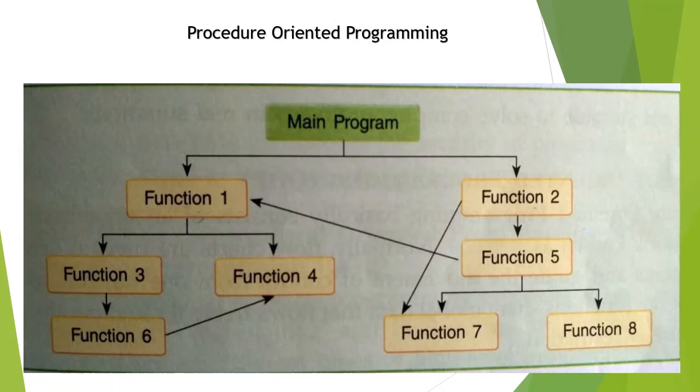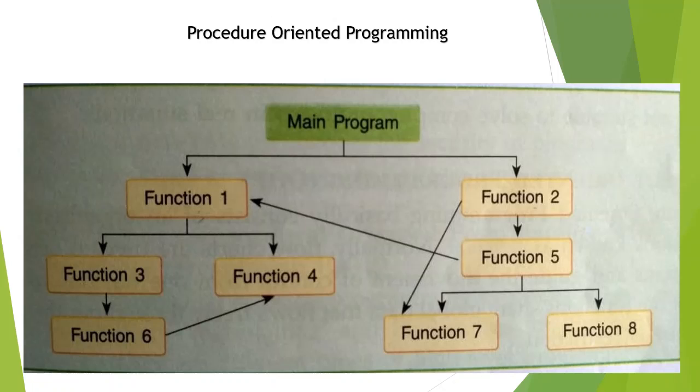But here the data is global data. Global data means it is data which is shared by all the functions. It moves freely from one function to another. So there is no security in that data. Data is not secured. Here we are concentrating only on how the task should be accomplished, not on the data.